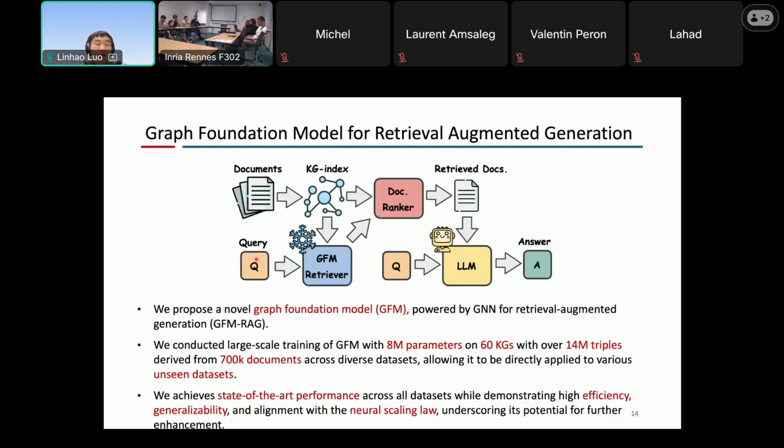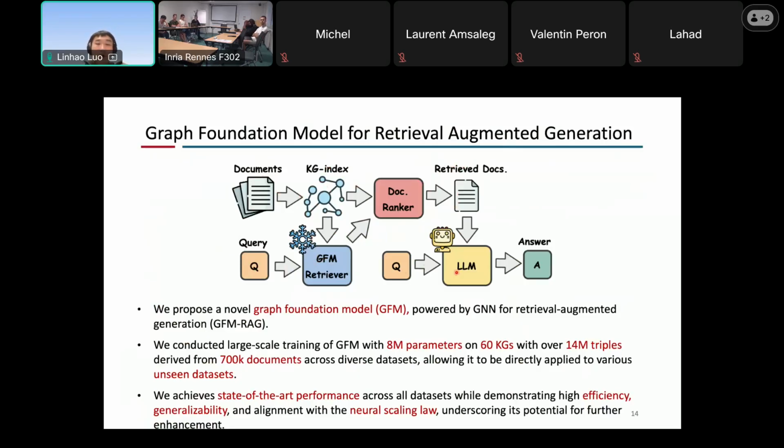Then, given the user's query as input, we feed it together with the knowledge graph into our graph foundation model retriever, and it will conduct reasoning on the graph structure to retrieve relevant documents from the original document set.